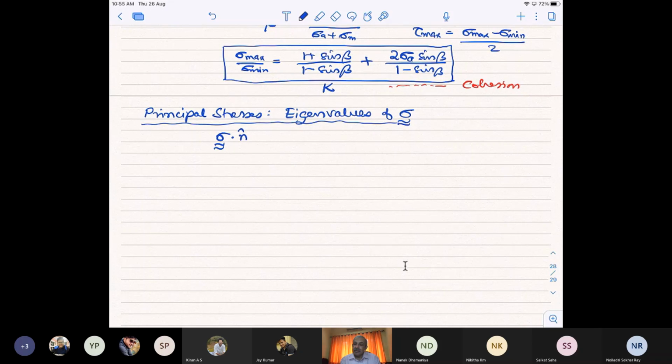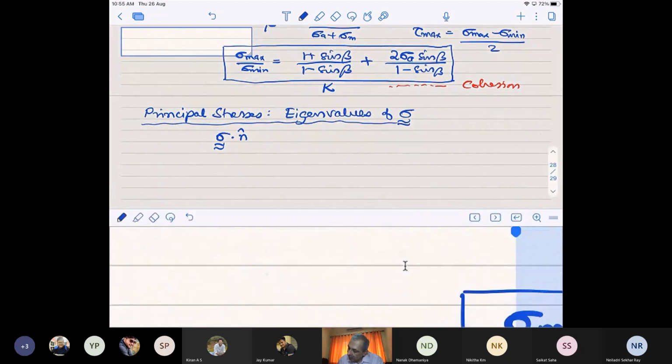So sigma dot n is nothing but the force per unit area that is acting in the direction n. So when we do sigma dot n, you will get a vector. And what we want to say is that this vector should be in the direction n. So that there will be no tangential component at all.